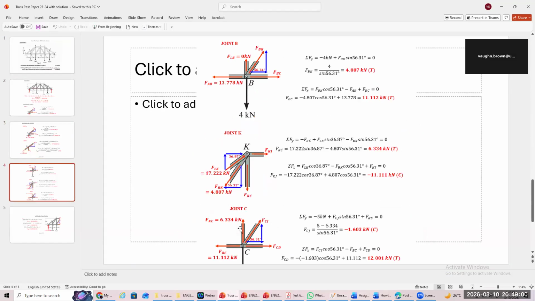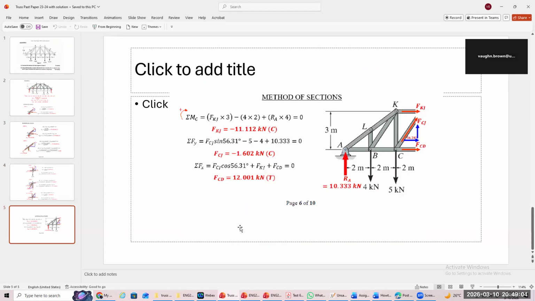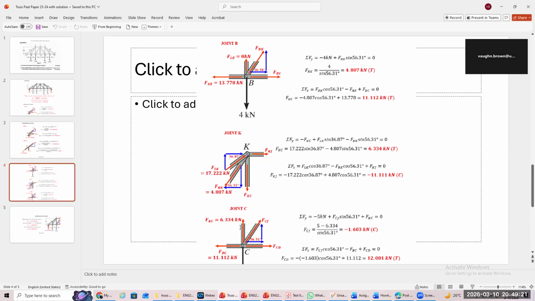How much did you say for that one? Let me just check the value. How much did we get for KJ again? 11 point something. And how much do you get for KC? Did we find KC?